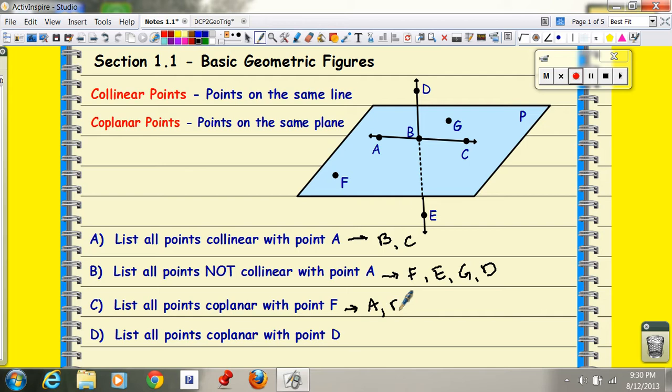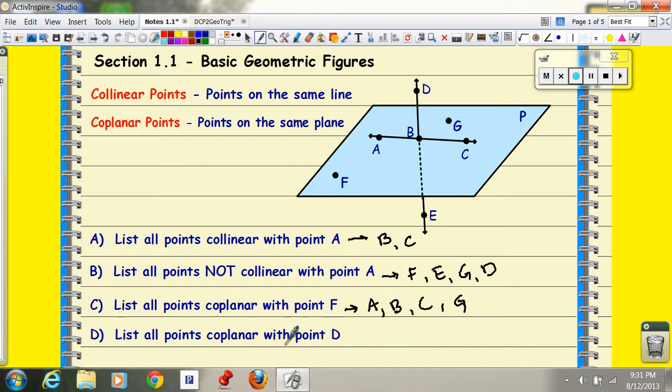So B is also on the same plane, and C is on the same plane. Those are all on the same line, and since one of them's on the same plane with F, they all are. And point G is coplanar. And D is not coplanar with F. D is above F, and E is below plane F. They're not on the same plane. And again, P is not a point, it's just a plane.